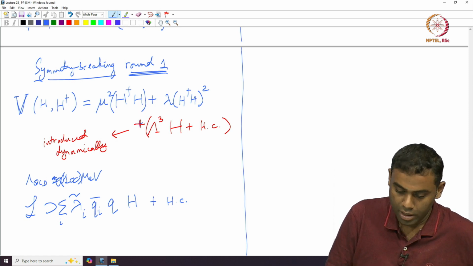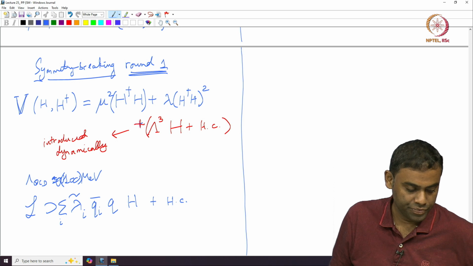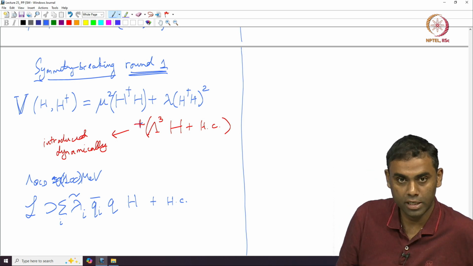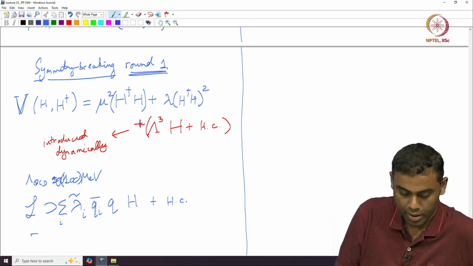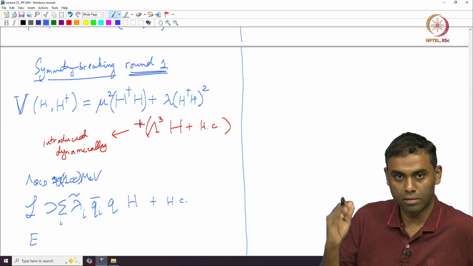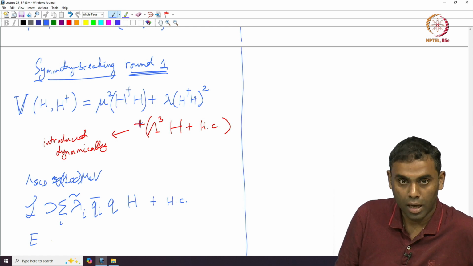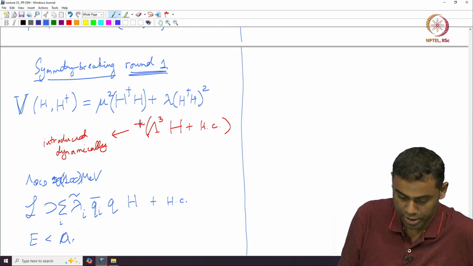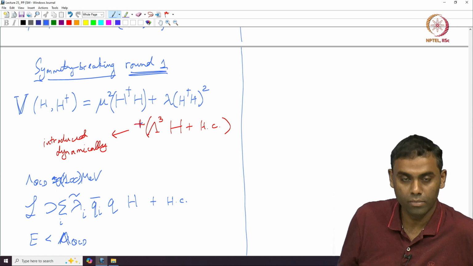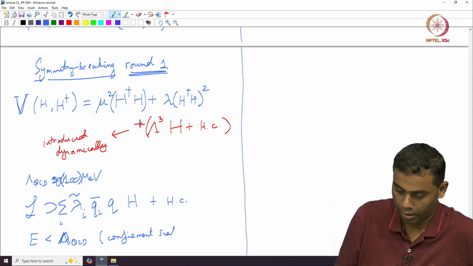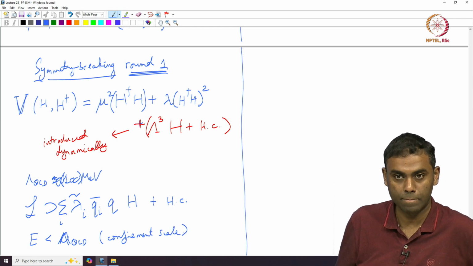So at energies below the QCD scale, okay, the universe started out with very large energies, right, but the universe kept cooling down as the energies got below the QCD scale, right, which is also the confinement scale, right.